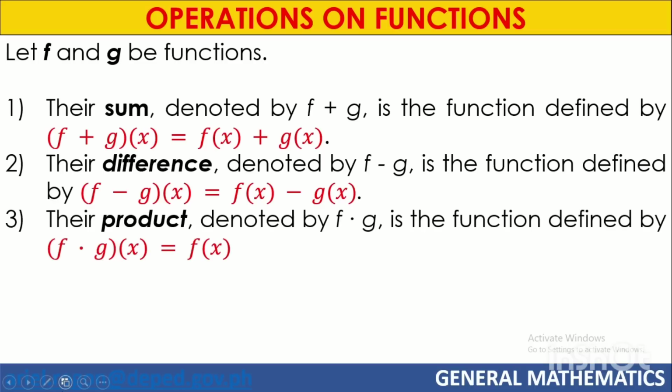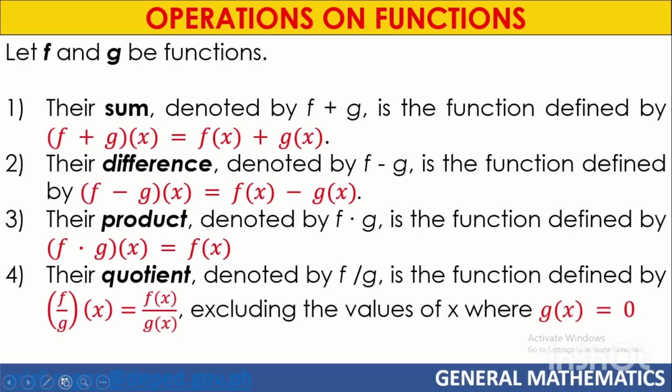Their product, denoted by f times g, is the function defined by f times g of x is equal to f of x times g of x. Oh, kulang yan. That will be f of x times g of x.